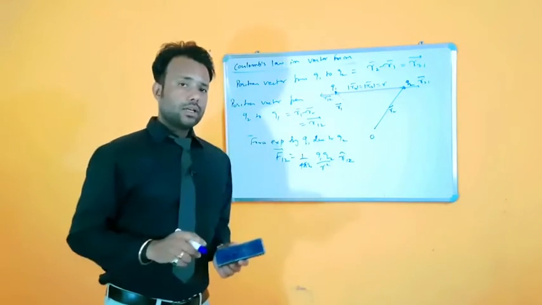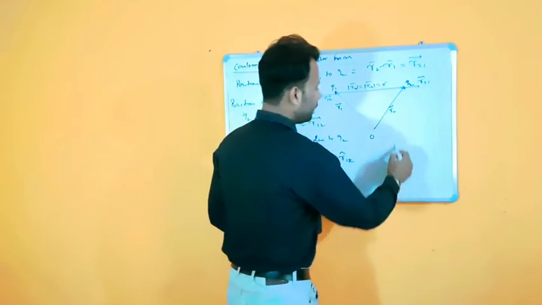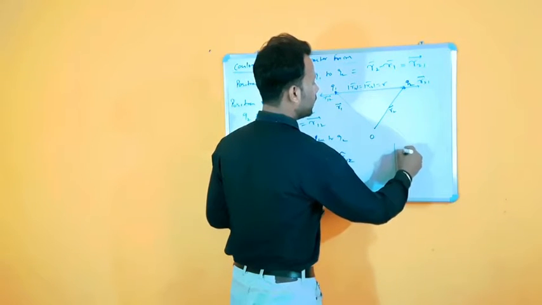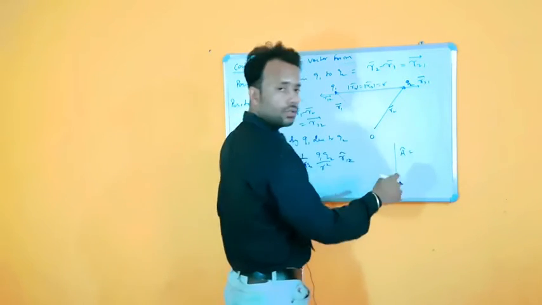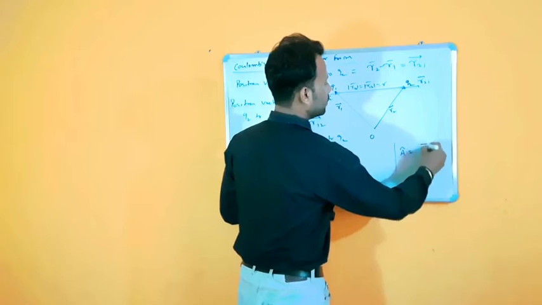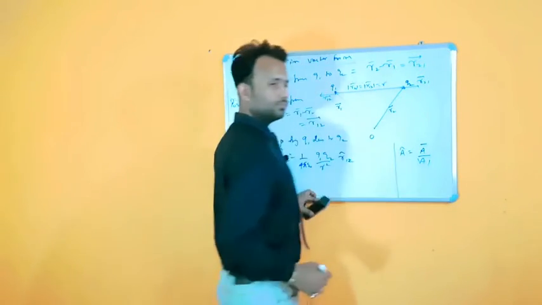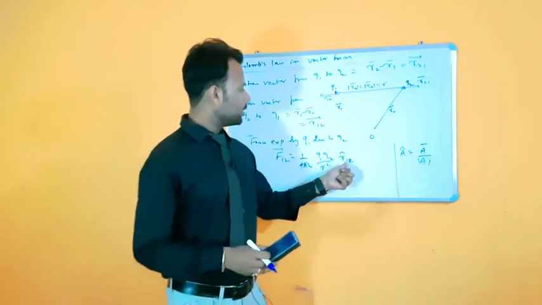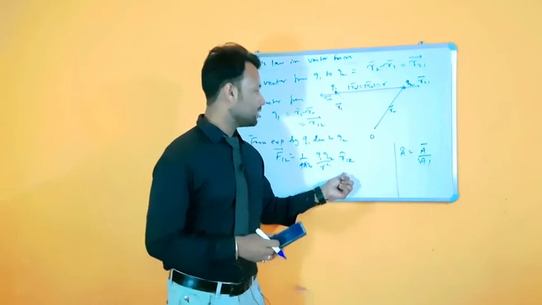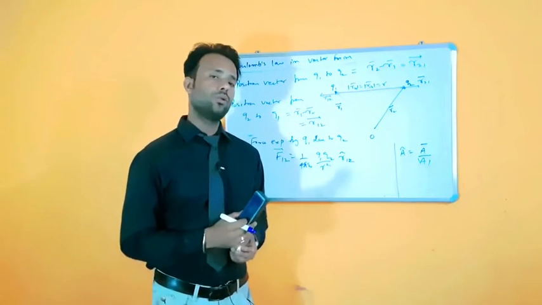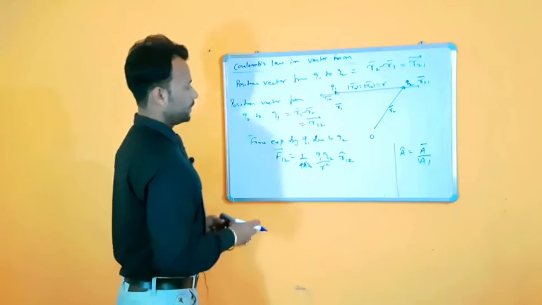Now if you remember again in vectors, the unit vector A is equal to vector A upon mod A. So this unit vector r12 we can write as position vector r12 upon magnitude of r12, right?